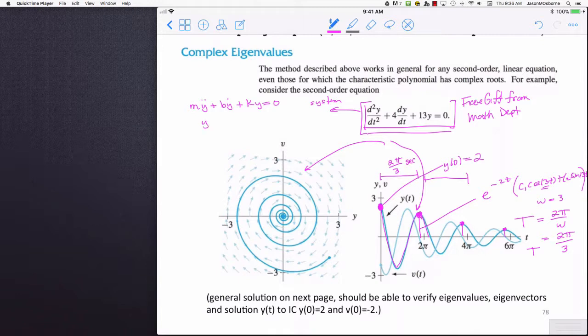Divide through by m, and then let y dot be equal to v, and therefore v dot will be negative k over m y minus b over m v.